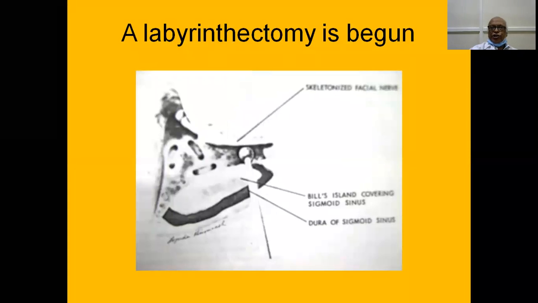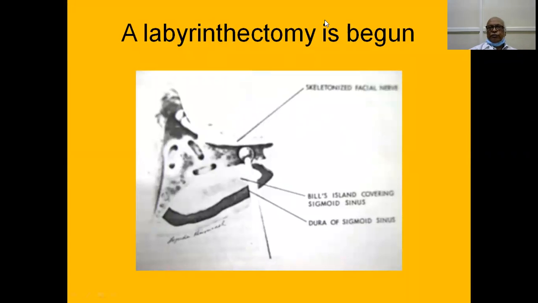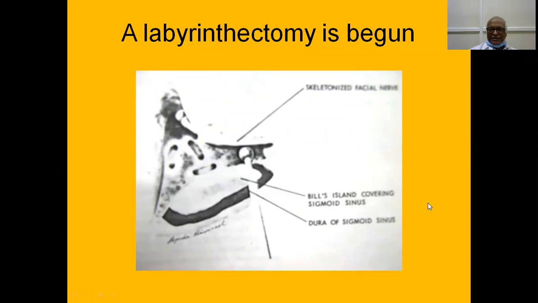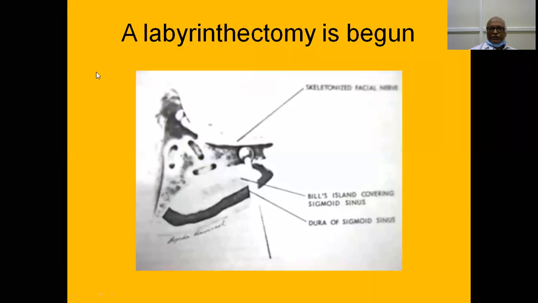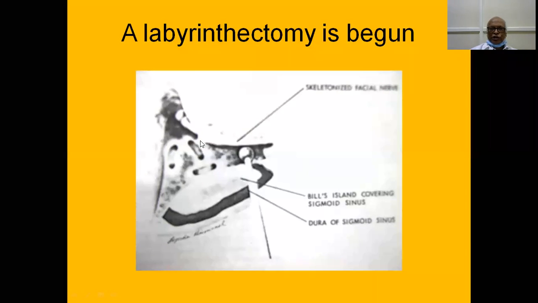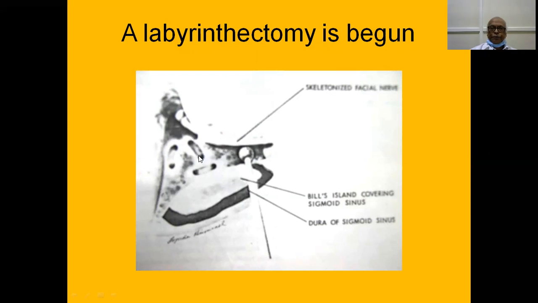And next is the translabyrinthine approach. What is the translabyrinthine approach? As the word implies, you have to do a labyrinthectomy. You give a classical postauricular mastoid incision, William Wilde's incision, a little above and below, and you do a mastoidectomy, a simple or otherwise complete mastoidectomy, and you skeletonize the facial nerve anteriorly. Identify the 3 semicircular canals.